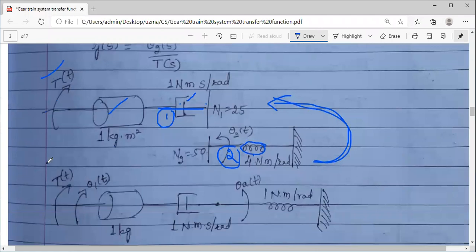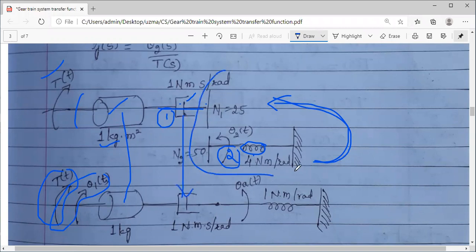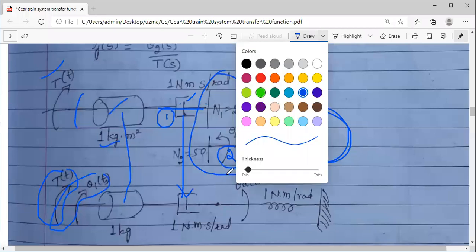You can see the torque is as usual. Let me take theta 1 as the angular displacement, then the J term is as it is. Here instead of J, they have given you the numerical value 1 kilogram meter square. That is your moment of inertia, and you have a damper element. After this, you can observe I have to reflect this part over shaft 1. Whenever you reflect, how many parameters will change? Observe how many elements are associated with shaft 2.